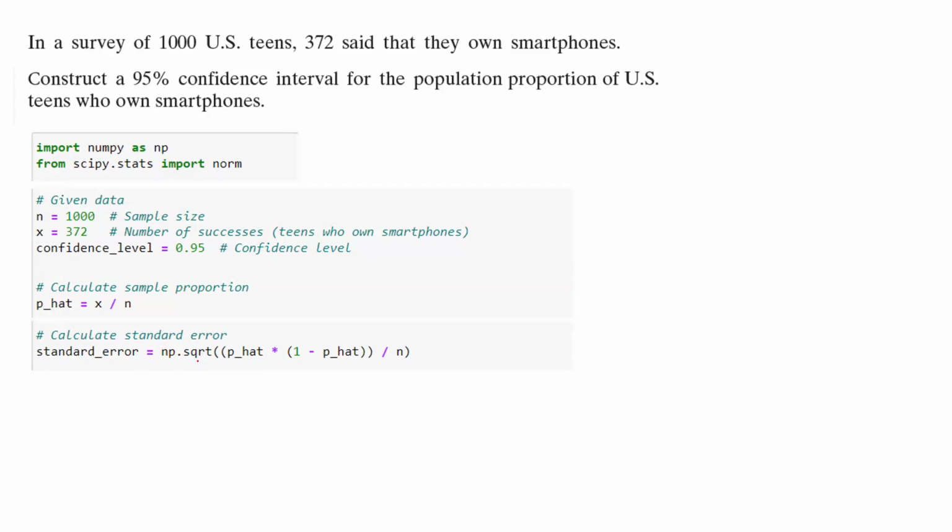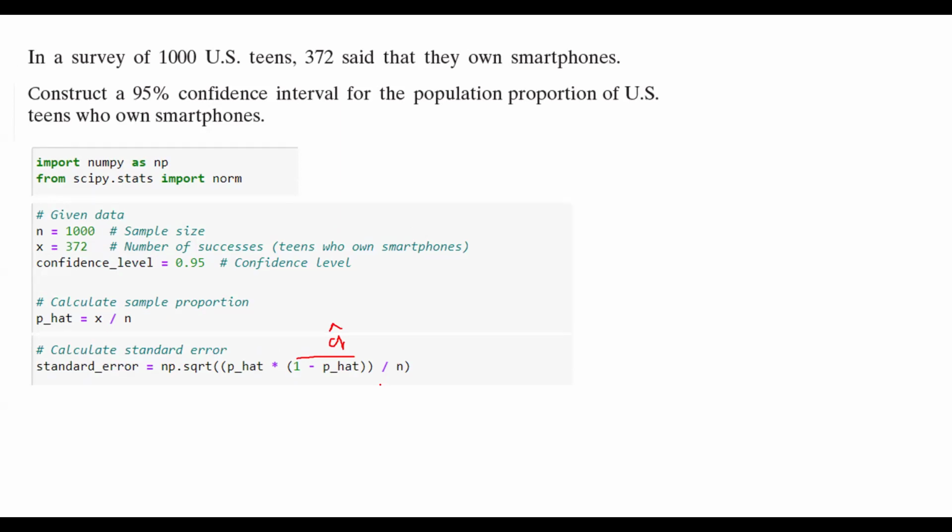So np.sqrt of p hat times 1 minus p hat. This is basically your q hat, everyone. Divided by n. Here we go.